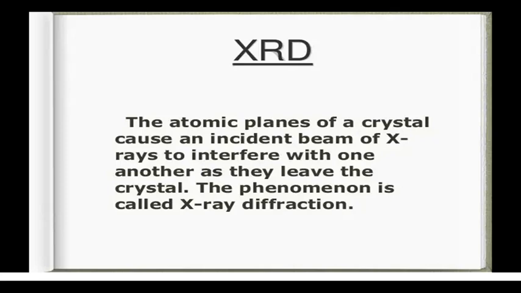So it is difficult to construct a diffraction grating for observing X-ray diffraction. This problem was solved by Max von Laue and Lawrence Bragg. What did they do? Let's see.